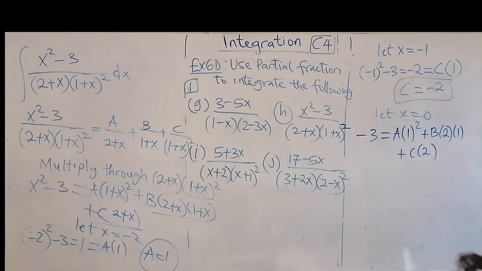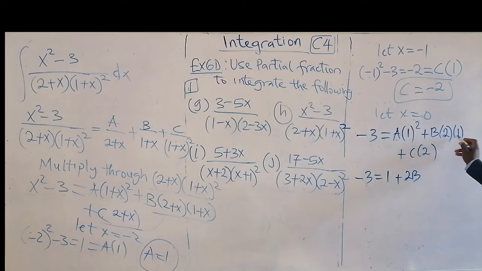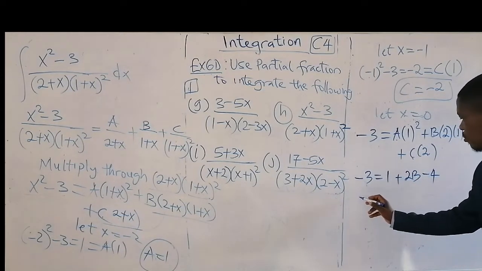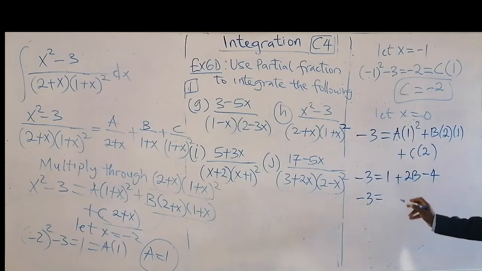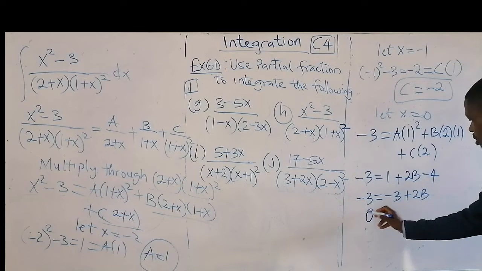So we substitute A as 1, plus 2B, and C is minus 2, so minus 2 times 2, that's minus 4. So we have minus 3 equal to 1 minus 4, that's minus 3, plus 2B. Move this one to the other side, and that will be plus, so that's 0 equals what?